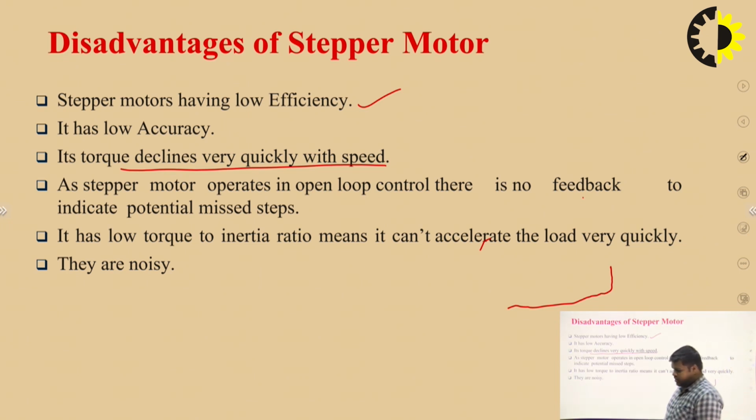In the previous slide, I discussed that the stepper motor is an open loop control system motor, so there is no requirement of feedback, and it does not use so much feedback and other mechanisms as compared to the other motors. It has low torque to inertia ratio, which means it cannot accelerate with a load very quickly. They are noisy in nature.